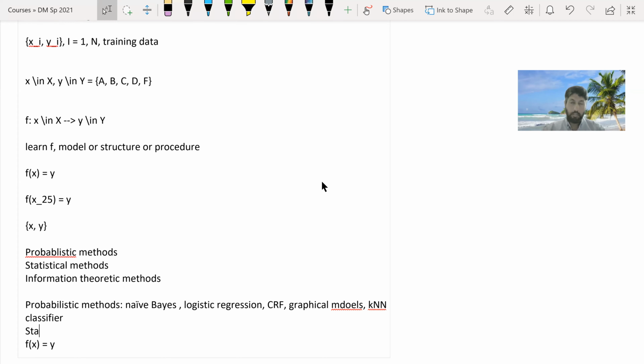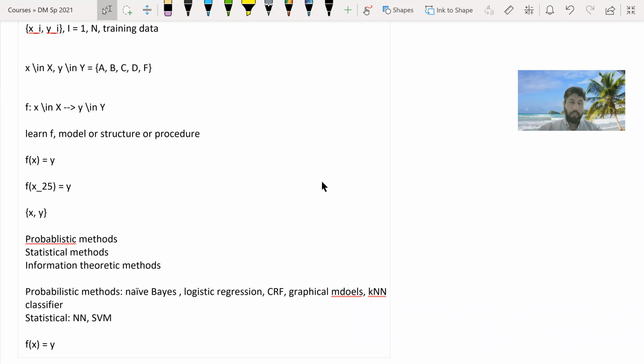What about statistical? Here, of course, nowadays very popular are neural networks and various forms of neural networks. There are tons of neural networks out there. And previously also very popular was support vector machines. So these are also statistical techniques for classification.